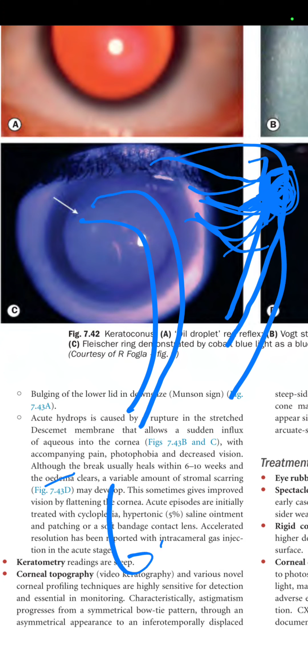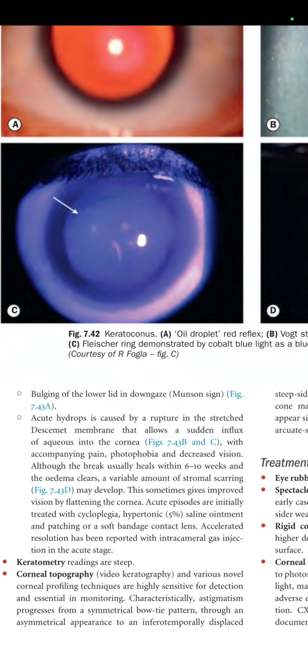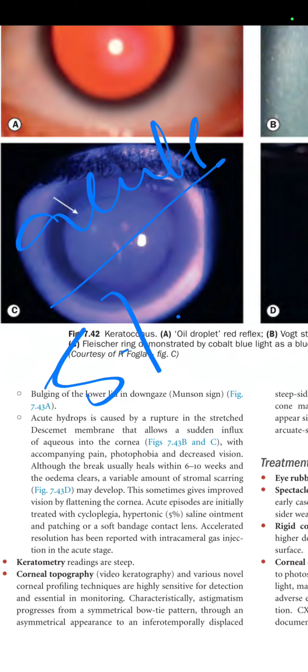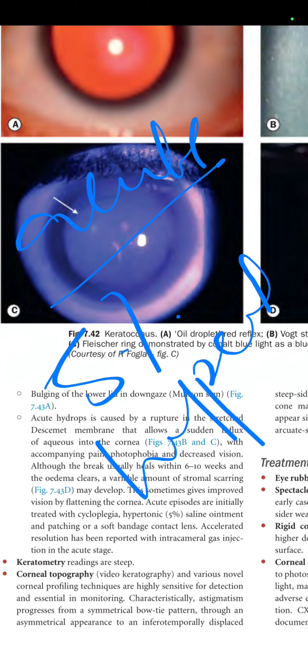So it takes about 6 to 10 weeks for this break to heal, and often there is stromal scarring after that. When a patient presents acutely at such a stage, we give them hypertonic saline so that there is no corneal edema, and we can give cycloplegics as well, and a bandage contact lens.